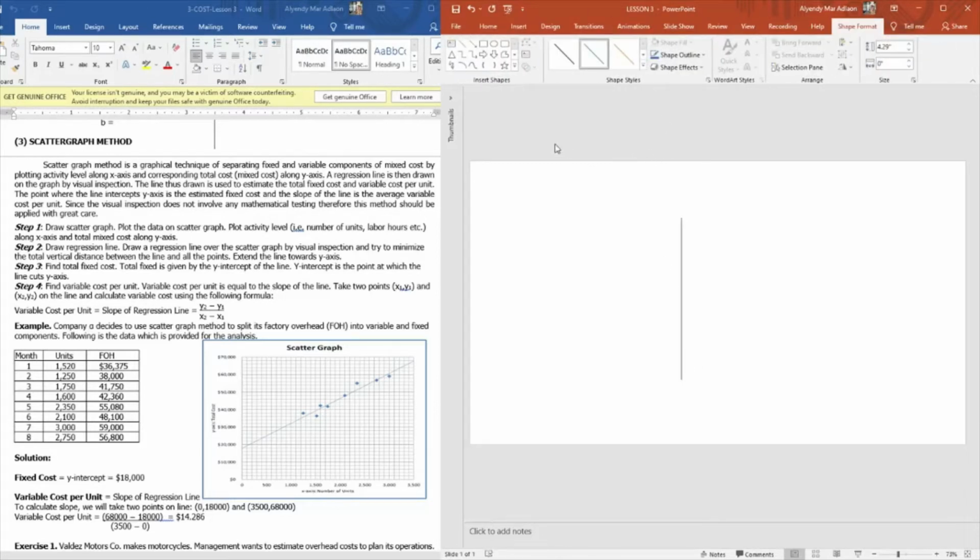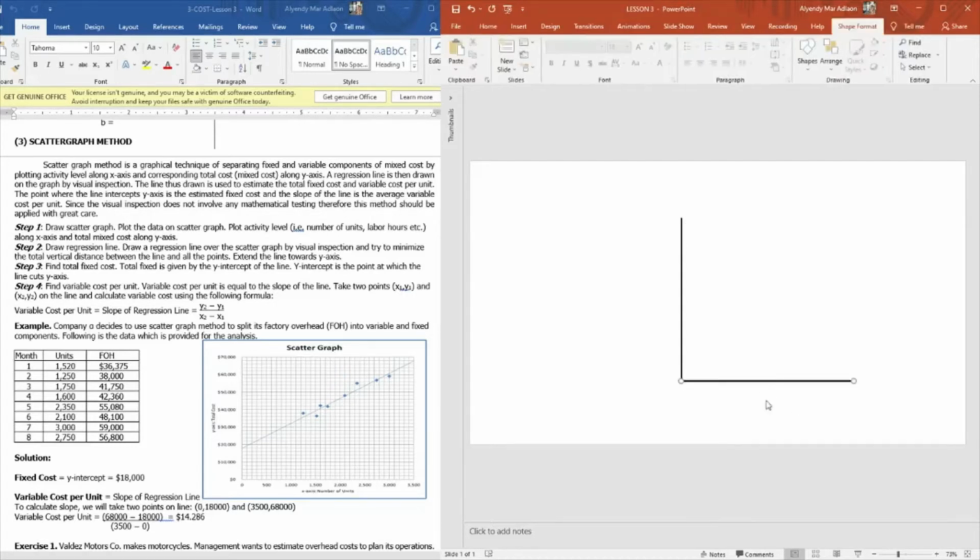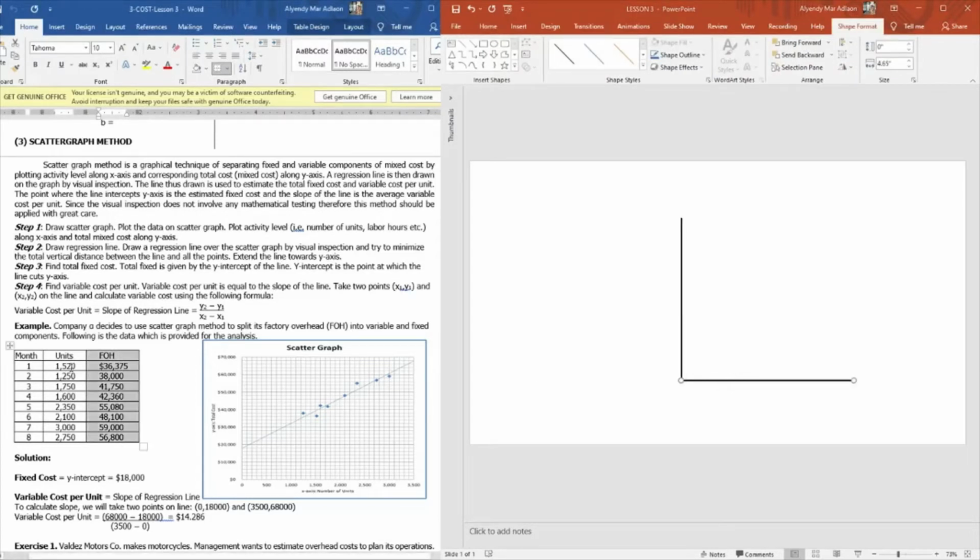Okay, so here's the y-axis, and the horizontal one is the x-axis. And then you put the values. For the y-axis, it should be the mixed cost, and for the x-axis, it should be the number of units.